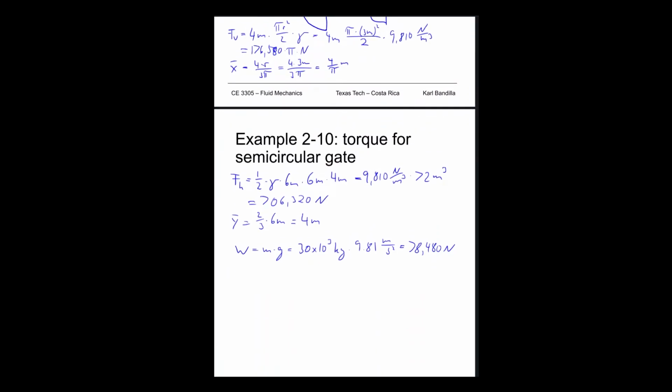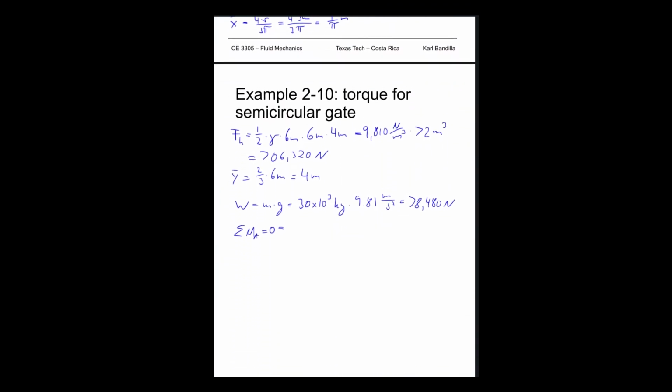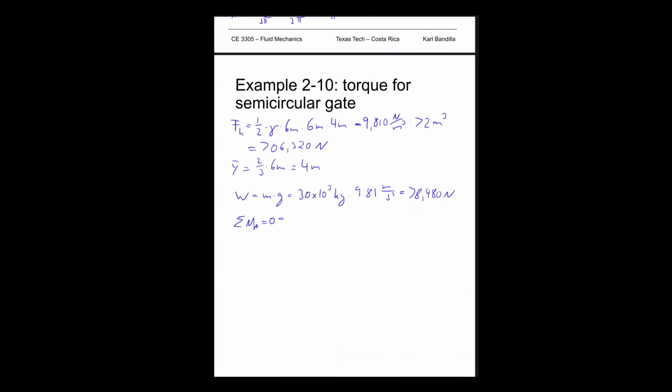We can say sum of moments at A equal to 0. And what do we have? Let's start with W. W is turning counterclockwise, and it says it's acting at G. G is 2 meters. So we'd have W times 2 meters.